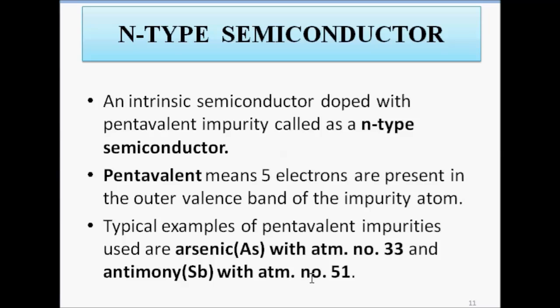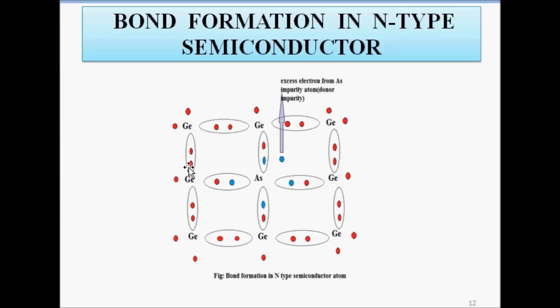So let's understand how the formation of bonds takes place in the N-type semiconductor with pentavalent impurity addition. Let me magnify this image for you.